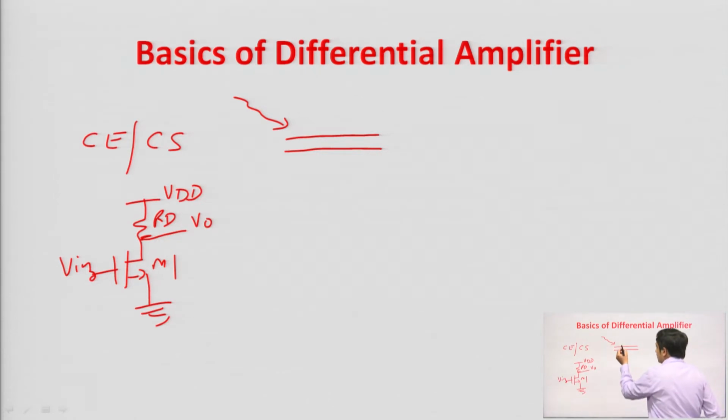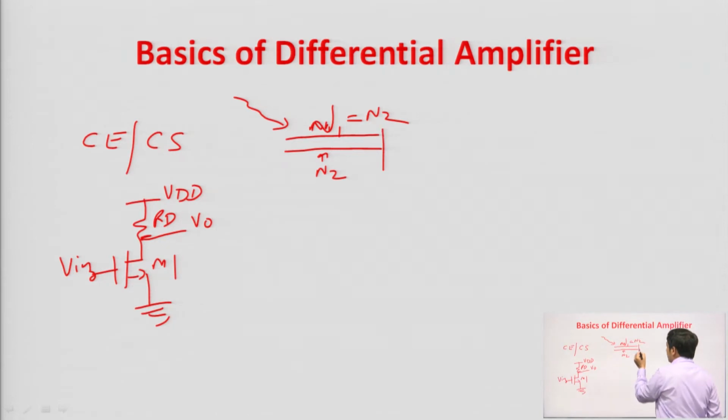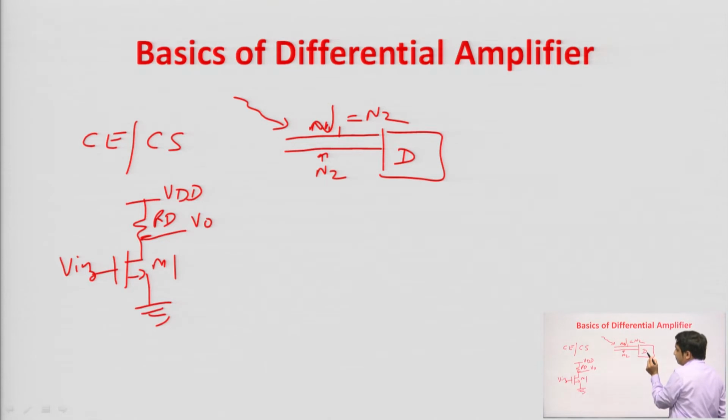If the N1 noise is added to the upper wire and the N2 noise is added to the lower wire, and of course, N1 is equal to N2, and we connect these wires to the differential amplifier, then it will amplify the difference between these two signals N1 and N2, and N1 equal to N2. So, that will be 0.